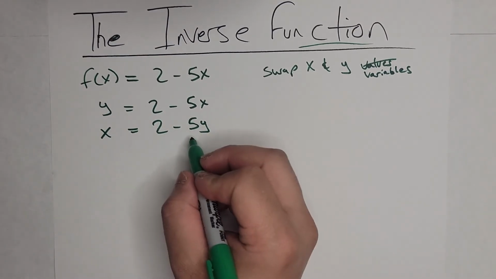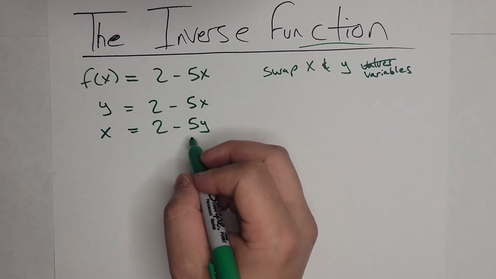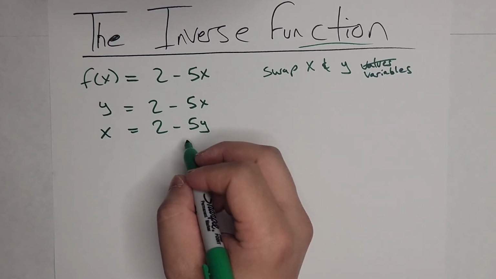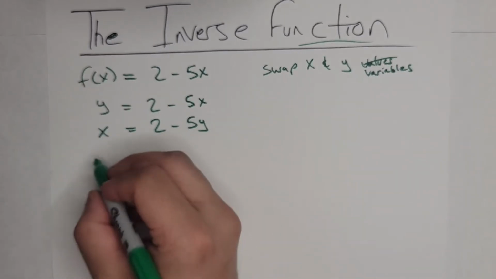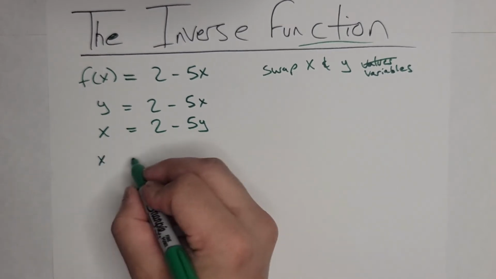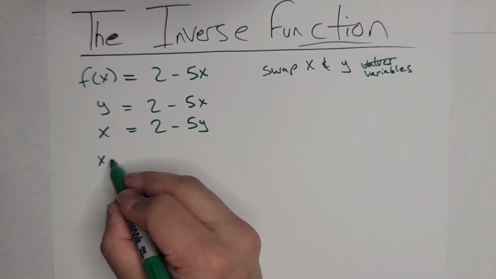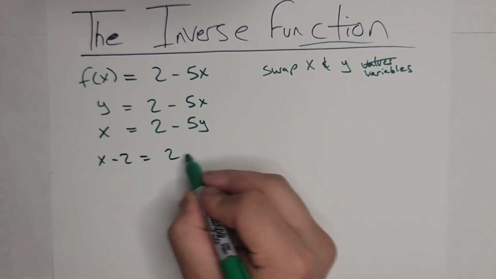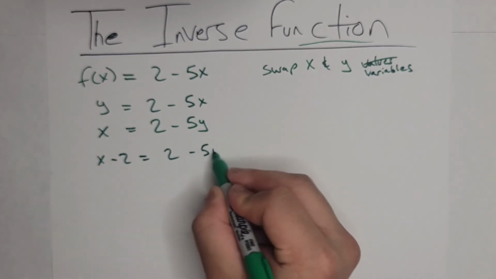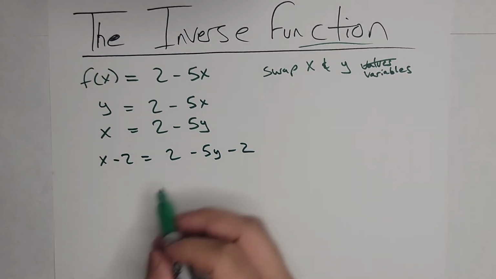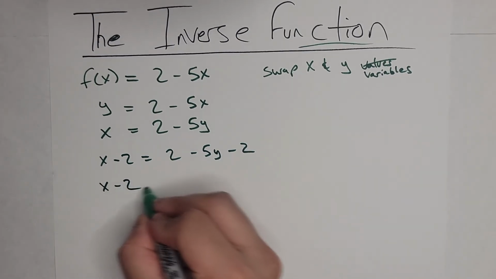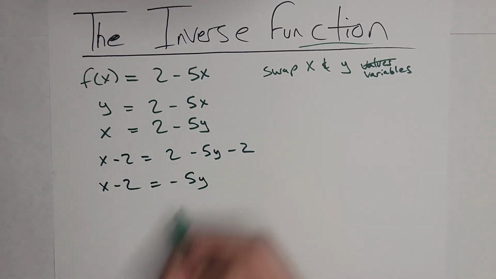So, one of the first things I'm going to do is, since I'm adding 2 to this side, subtract 2 from both sides. And that'll give me x minus 2 equals negative 5y.